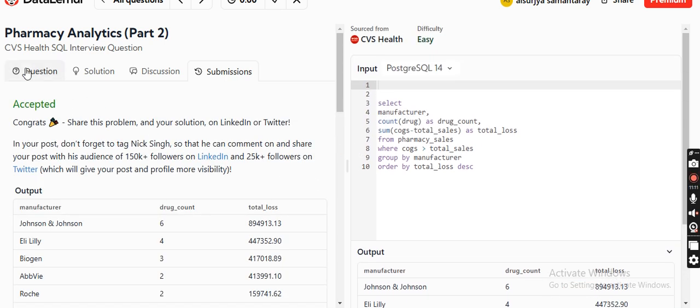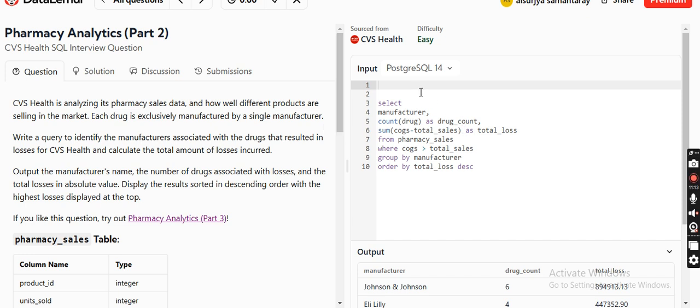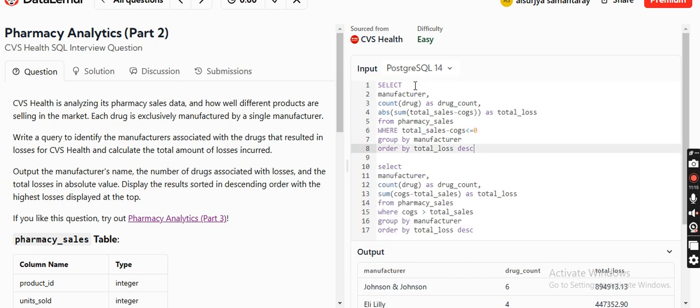Yeah, it's working. So guys, I'll just paste the old query as well. Here there are two solutions in front of you: one where we have used the ABS, one where we have not. What's the difference between them? Let's say if profit was 5, COGS was 10, then the answer should be minus 5, right?